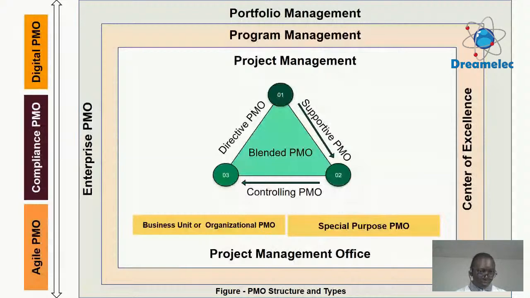And if the PMO handles the entire company project portfolio, then we call it Enterprise PMO. That is a portfolio management office. Usually, with this type of PMO, the head of the unit will report to the CEO of the organization.